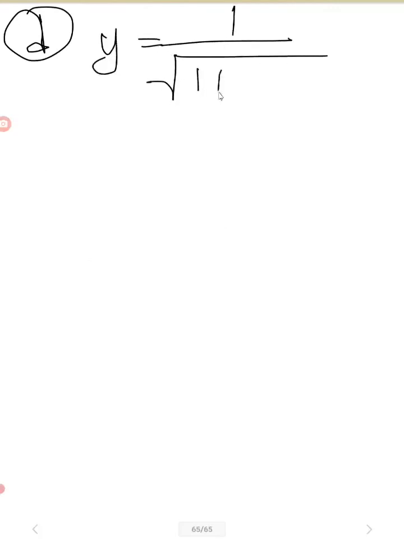Let's have example D now. Let's say y is equal to 1 over root of (1 plus x squared). The first thing you need to do is let u equal 1 plus x squared.